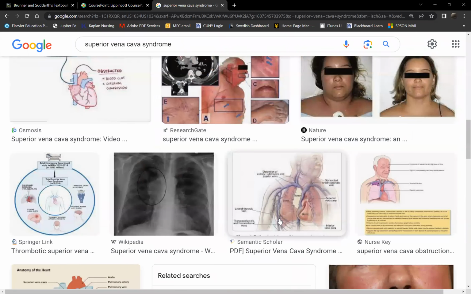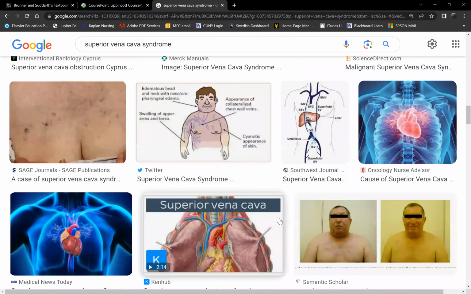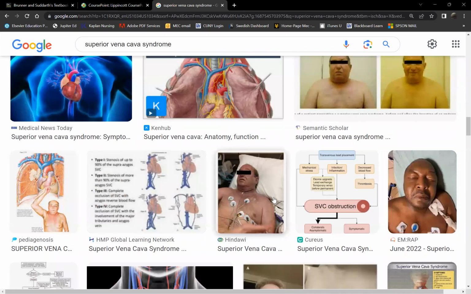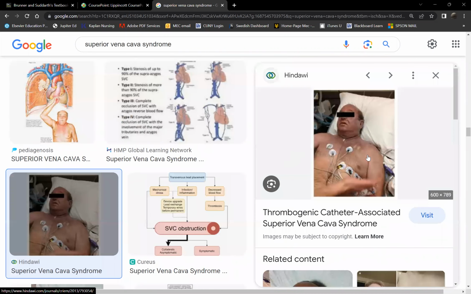Well, these people look good actually. Right here. So you look like that. So the facial edema, neck edema. Okay. And then look at the arms, all edematous. And then you can imagine also the intracranial pressure at this point. This is actually good.